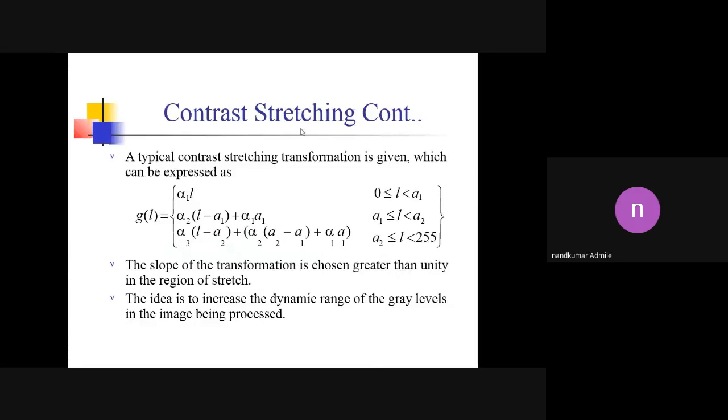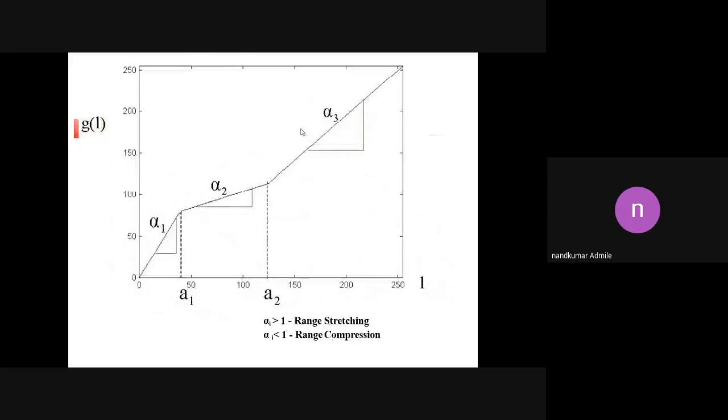Okay, so how can we consider the contrast stretching? By using these formulas, how can we locate the different points? If we observe the graph, here we can make one graph. It consists of 255 by 255.